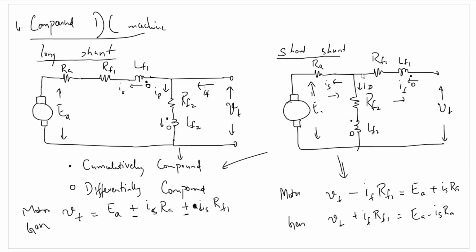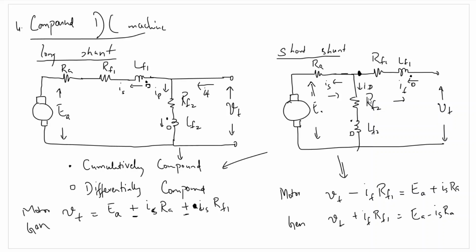It will be the voltage at this point that will be equal to the voltage across this parallel path. So the voltage at this point will simply be equal to Vt minus the voltage drop across this resistance IF RF1. In case of a generator, it will be RF1 into IF plus Vt will be equal to EA minus IS RA.